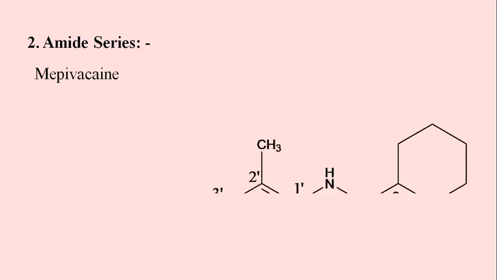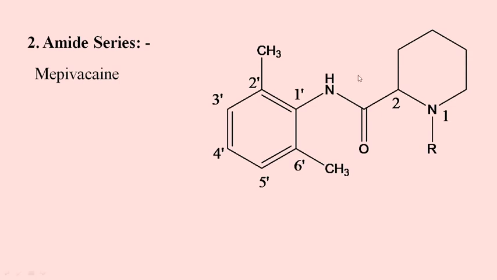Next we will study the amide series. First, mepivacaine. But I want to tell you before starting the amide series that lidocaine is the prototype drug, and all the drugs are derived from lidocaine. Mepivacaine, its IUPAC name is N-(2,6-dimethylphenyl)-1-methyl at R equal to CH3, it is mepivacaine.